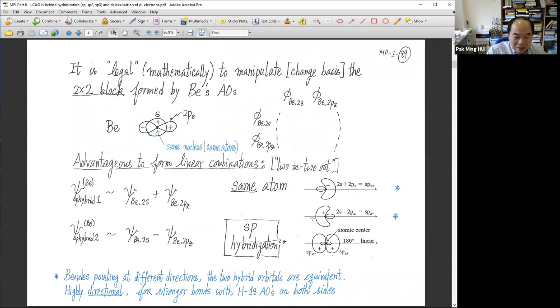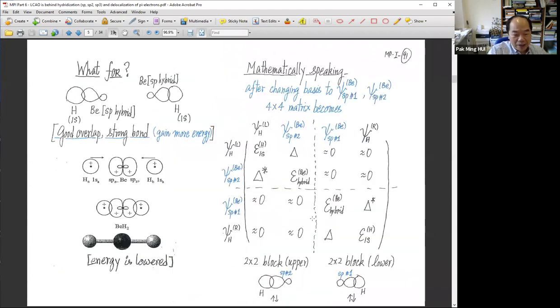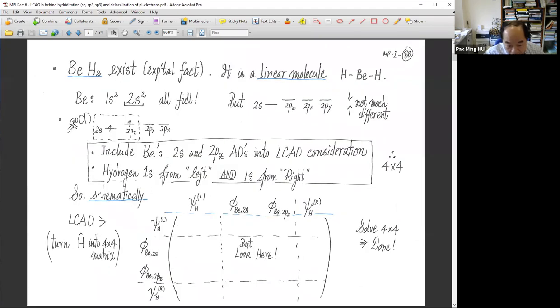Okay, so after changing bases, this is the idea. I have an sp hybridized number 1, which is to form a good sigma bond with the hydrogen 1s, and hybridized state number 2 to form a good sigma bond with hydrogen number 2, all right? So what happened to our 4x4 matrix then? Originally, we have the beryllium block here.